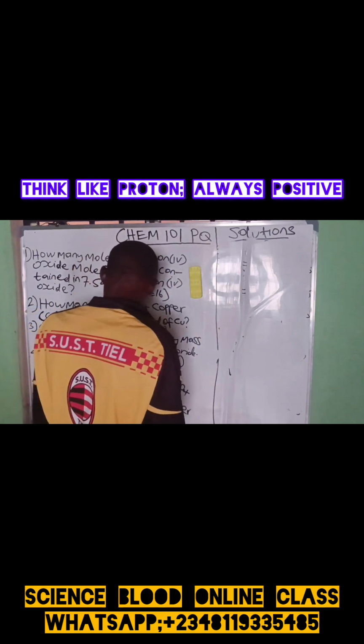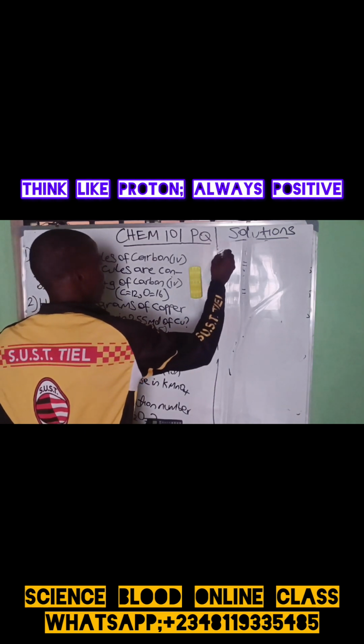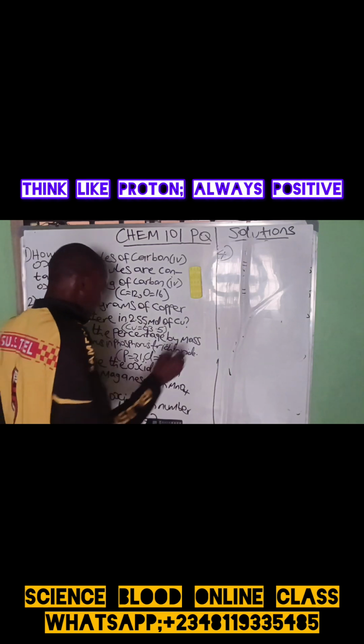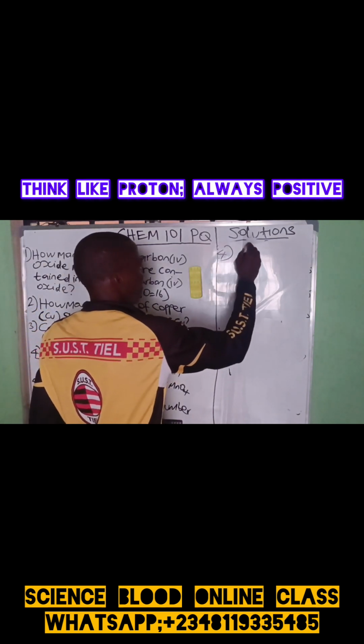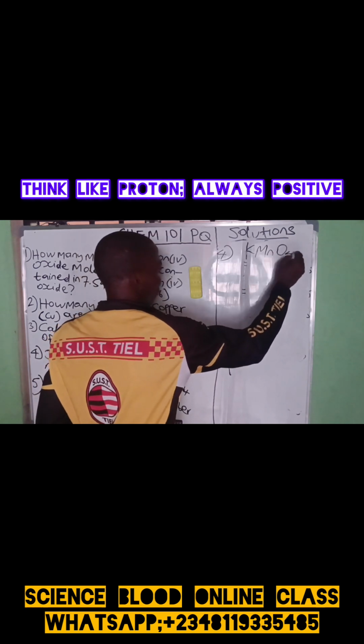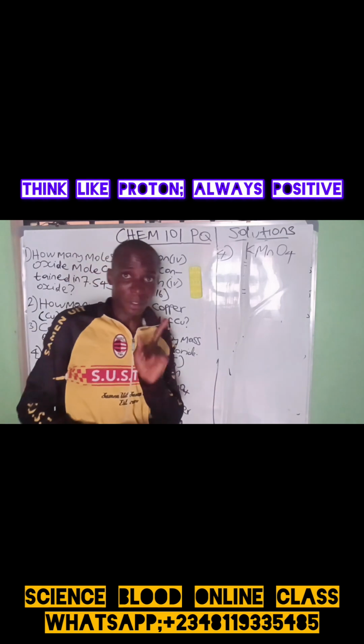For this question 4, we have been asked to calculate the oxidation number of manganese in this compound, KMnO4. For a problem like this, look at what the first thing you should do is.